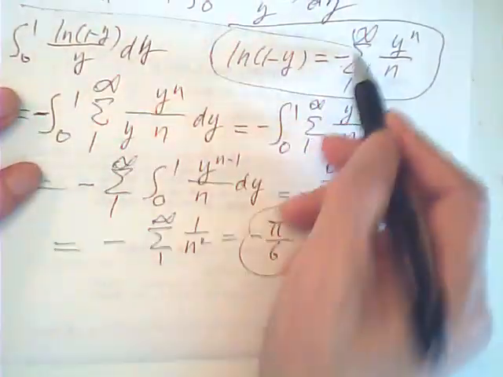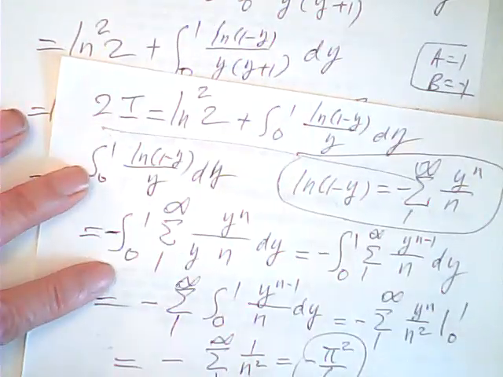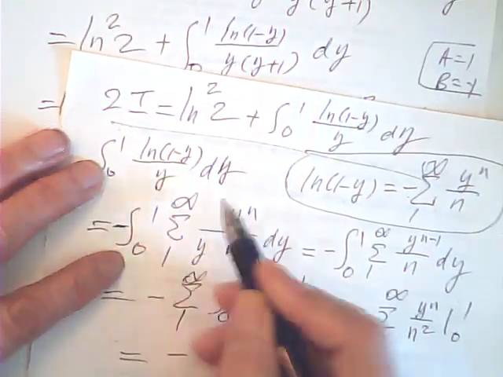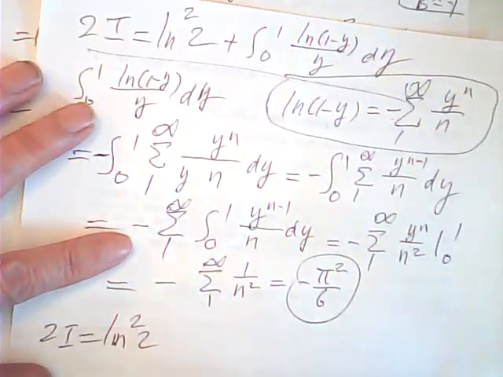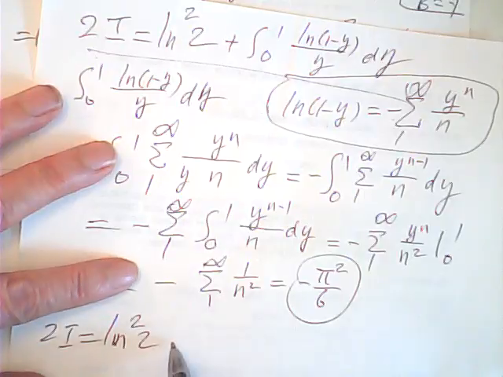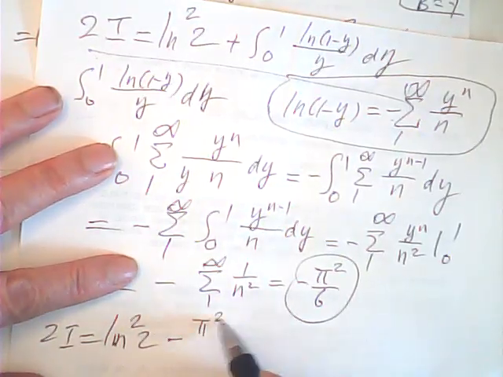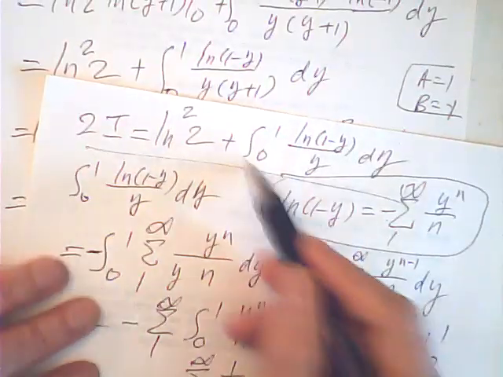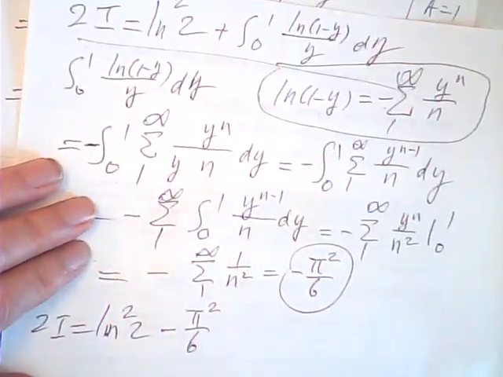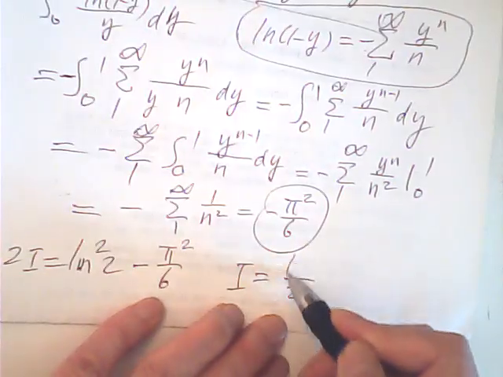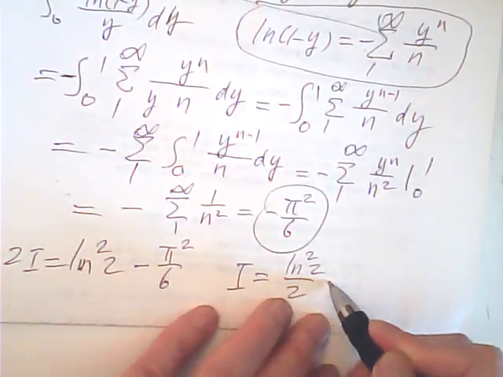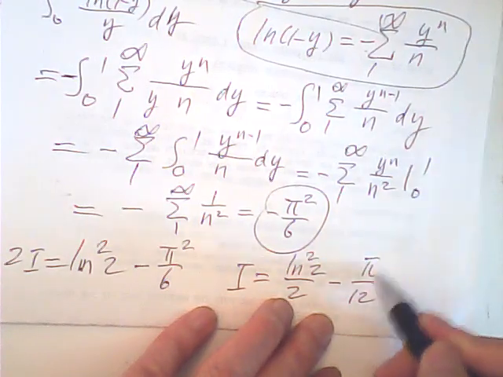Therefore, 2I is equal to natural log squared 2 minus pi squared over 6, right? Because this sum is equal to pi squared over 6. Then I is equal to half log squared 2 minus pi squared over 12.